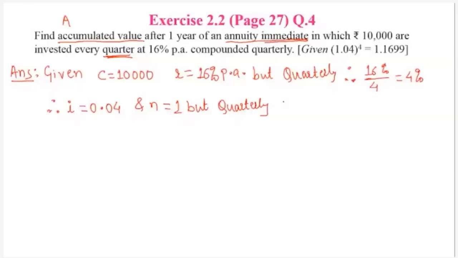Therefore n is equal to 1 multiplied by 4, that is equal to 4. 10,000 is invested quarterly. Correct. So that is C.